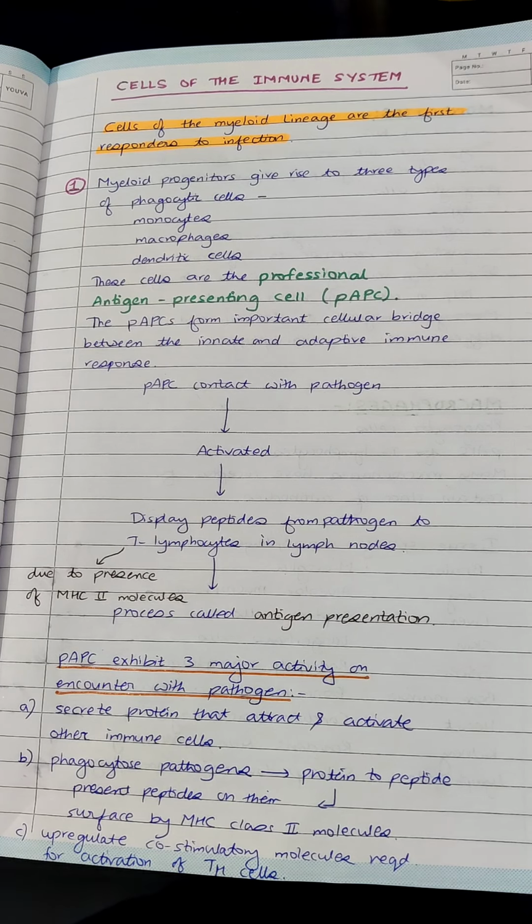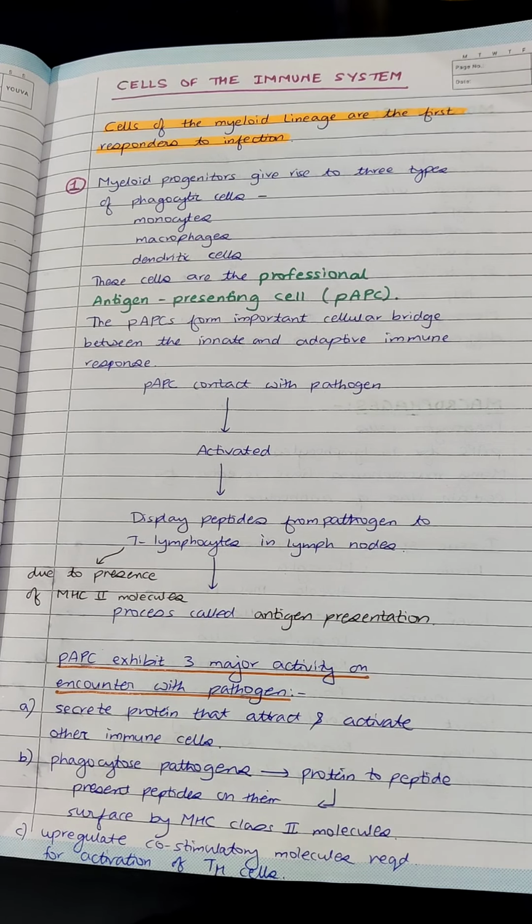The MHC class II molecules can be recognized by the T lymphocytes, which helps in the initiation of the adaptive immune response. What are class I and class II? MHC is major histocompatibility complex. We will discuss these later on.